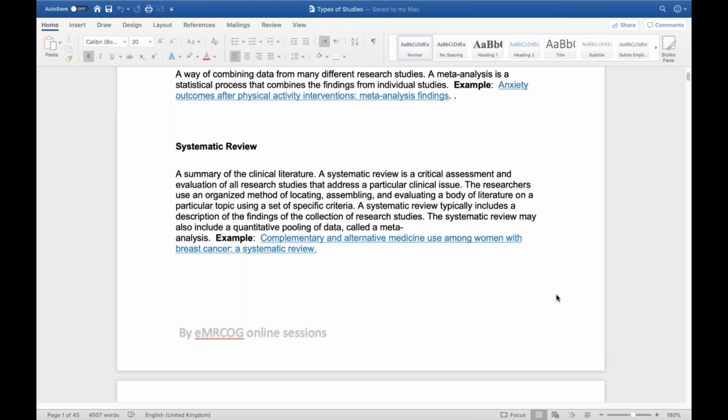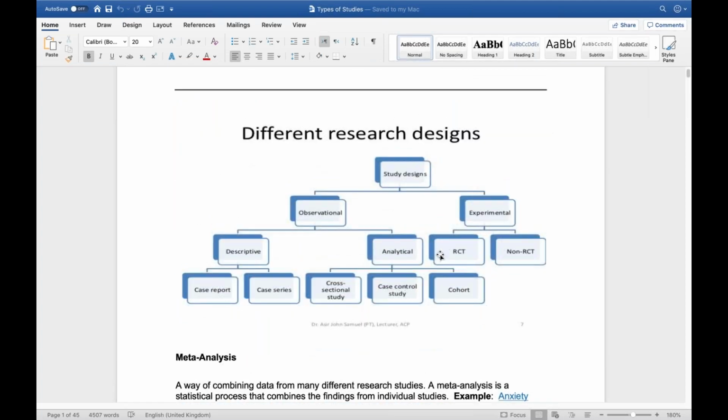So you summarize your results at the end of this paper, this systematic review. That's a systematic review, and a systematic review is not just for randomized controlled trials. They can do systematic reviews for cohort studies, for case control studies, for cross-sectional studies, for case series, or even for case reports.